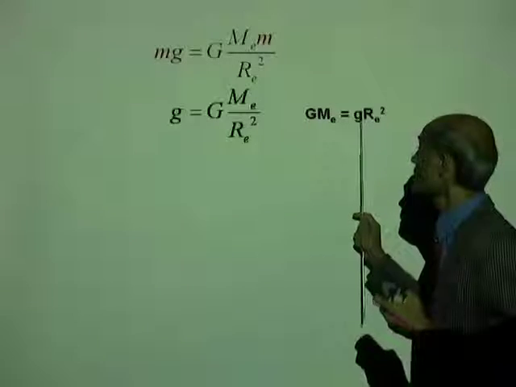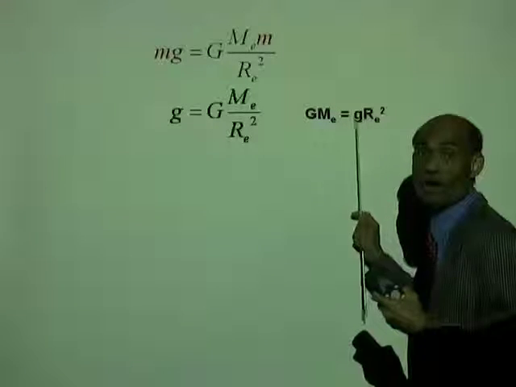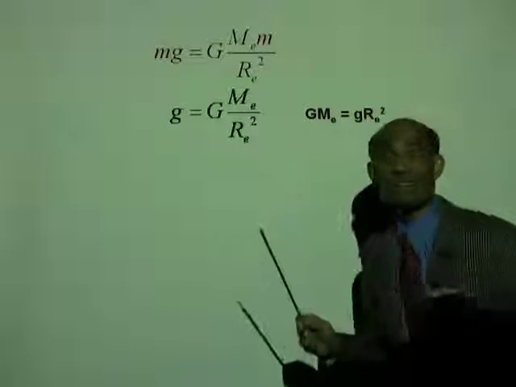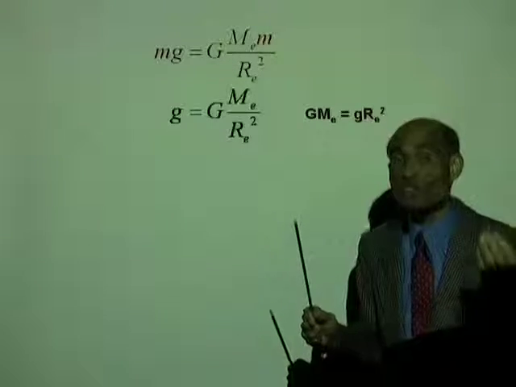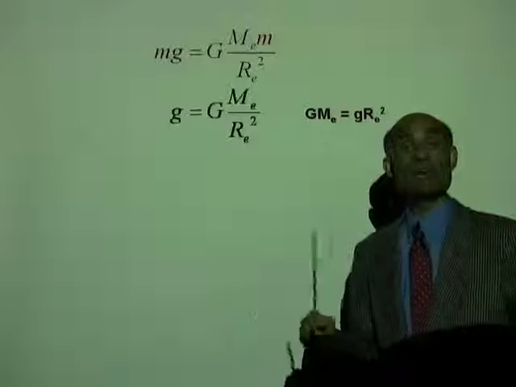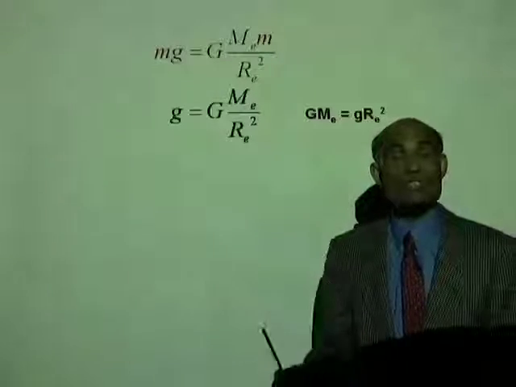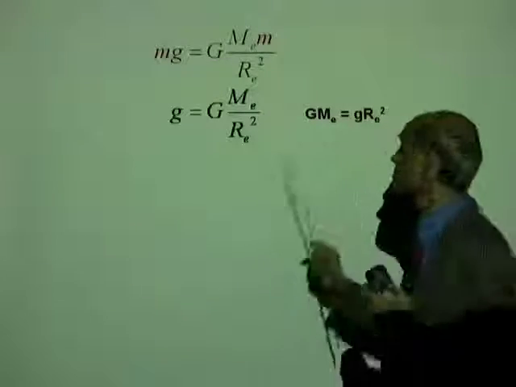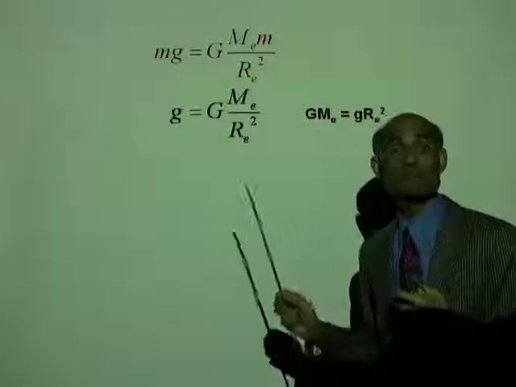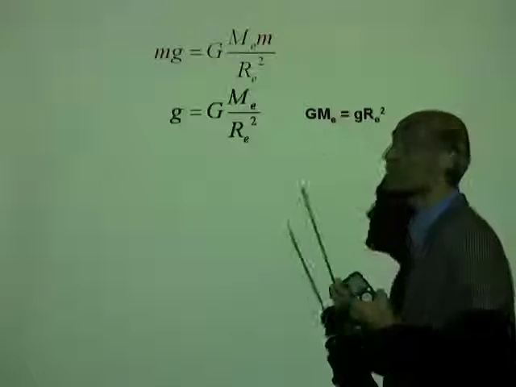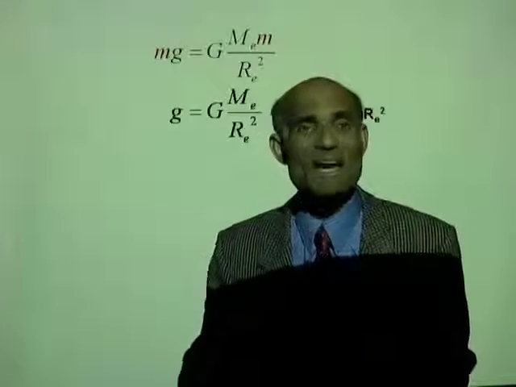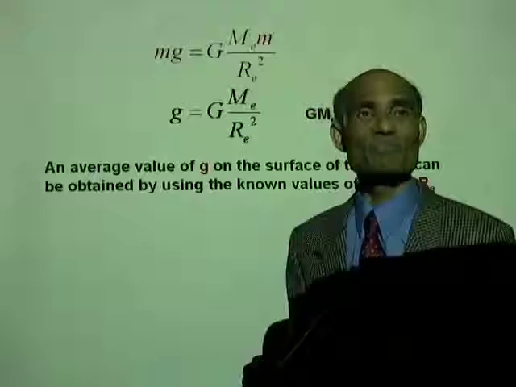But look at this, g RE squared, where the g is the value of acceleration due to gravity on the surface of the Earth, which we can take as 9.8. Although it doesn't remain a constant, we can take an average value of small g as 9.8 meter per second squared. And RE is the radius of the Earth, which everybody must have a fair idea what it is.